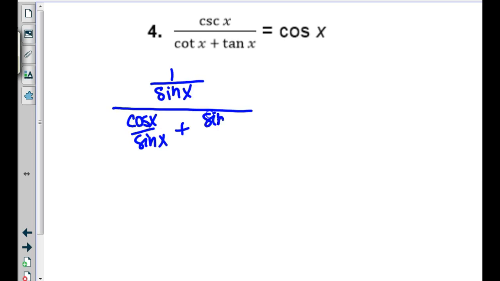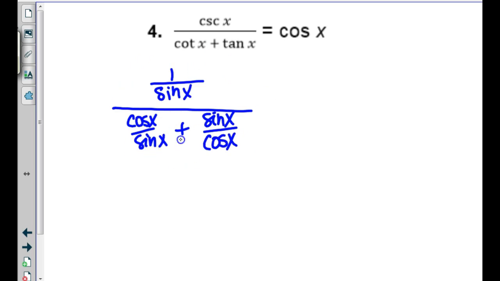plus sine over cosine. Now there's several ways we could do this. We could just deal with the bottom and get a common denominator, or we could multiply through by the common denominator of the whole fraction. Any preference? What would a common denominator be for everything here?